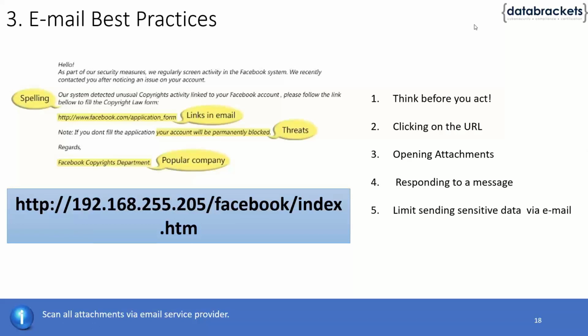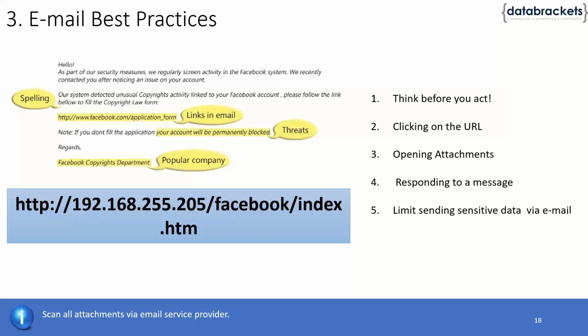Don't click on any URL that is coming in the email. Say, for example, you're getting an email from a bank saying reset your password. Don't click on that link. Go to the bank's URL directly, log in from that link, and then do whatever you are supposed to do.